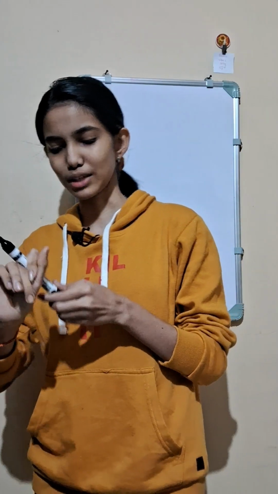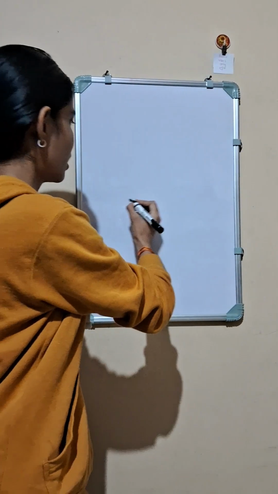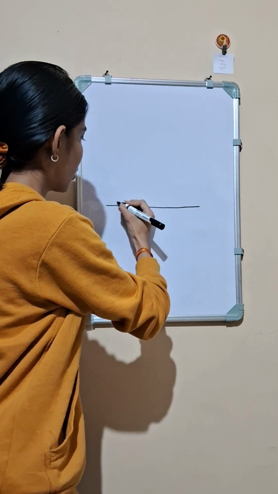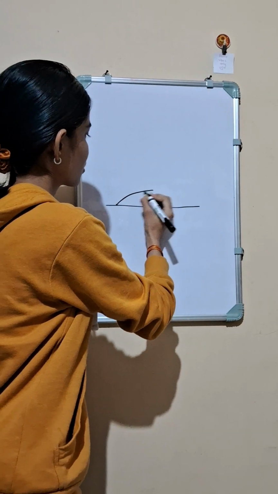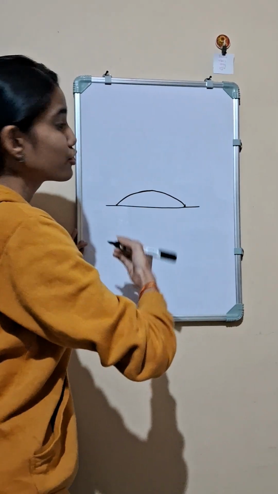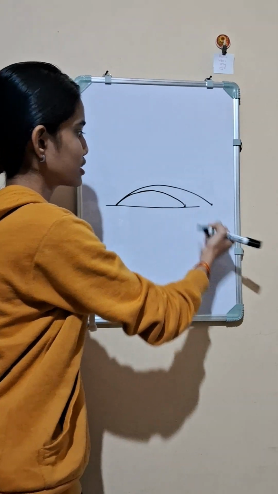So if we want to escape from Earth, we will need some velocity. Let me show you something. Let us suppose this is the ground. When we throw a ball, it will go something like this and fall, right? If we increase its velocity, the path will look something like this.